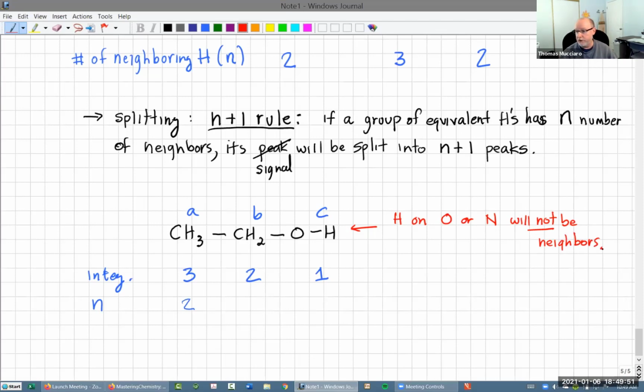Hydrogens that are on oxygen or nitrogen won't be neighbors because of an effect that I'm going to talk about tomorrow. For right now, just understand they're not neighbors. So if we look at these, there is a hydrogen on that side, but it's not a neighbor. So we only have these 3. There's only 3 neighbors.